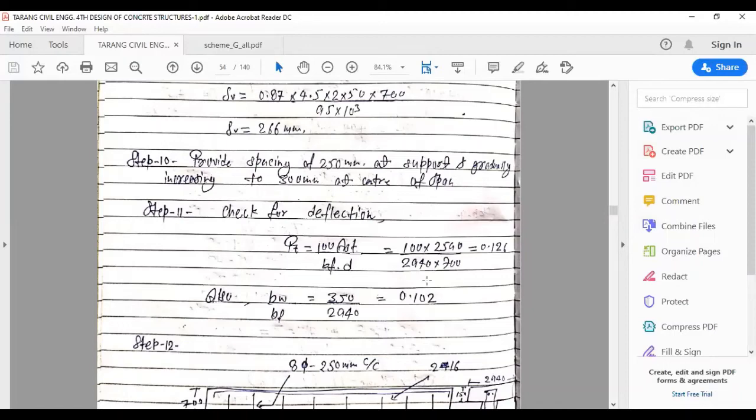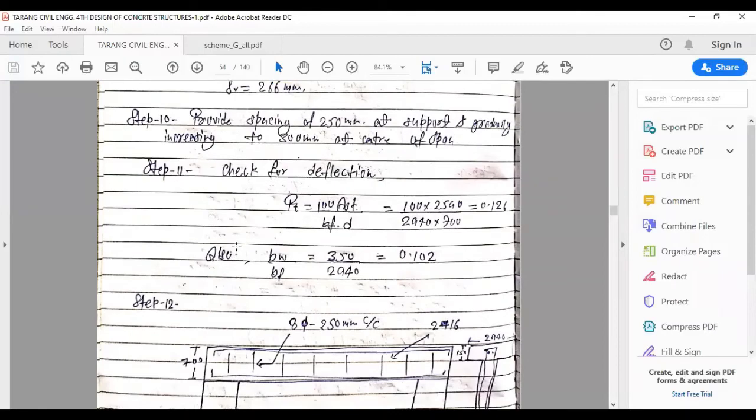Substituting all the values, 100 as it is, the value of Ast is 2590 and bf is 2940, which we found out, and the value of d is 700, and we reach a value of 0.126, which is the percentage of tensile steel. And the value of bw by bf is 0.102.